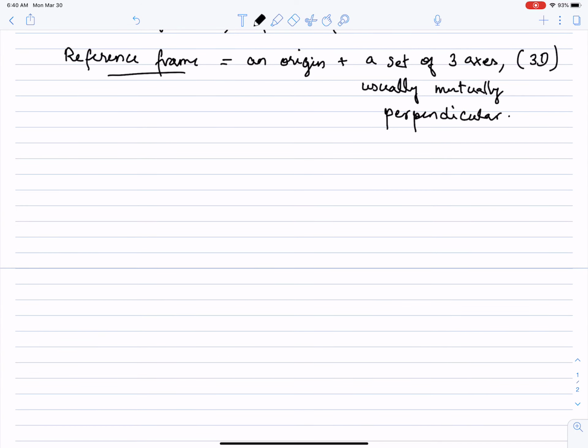Okay, so for instance, this could be some kind of a reference frame with origin O and these three axes, EX, EY, EZ.